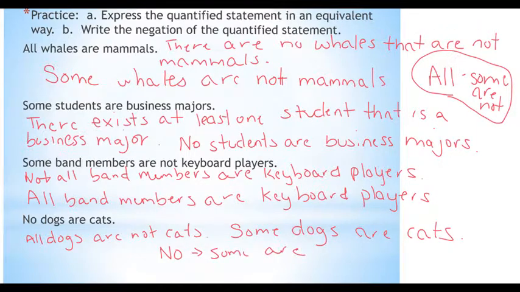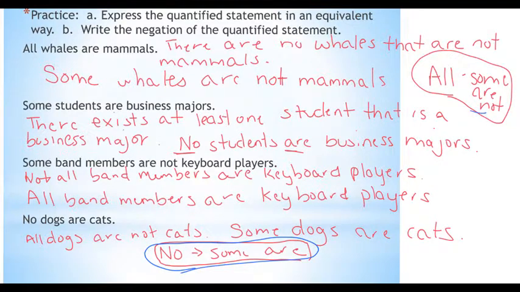And if we go up to our some are, when we negated it, it was no. So if you remember that these two go together, I'm going to put them in blue, these two go together for negations, and then these two, it helps you to remember how to negate the statements.